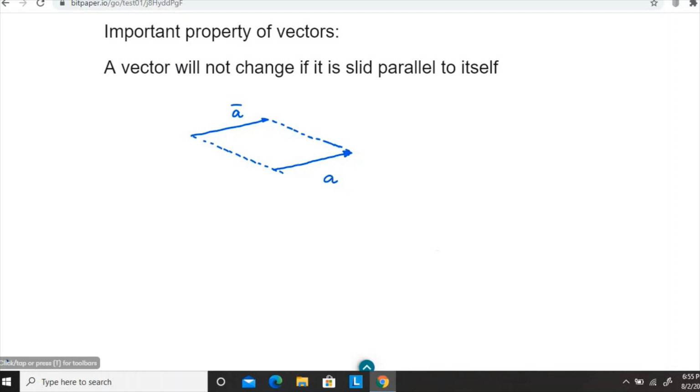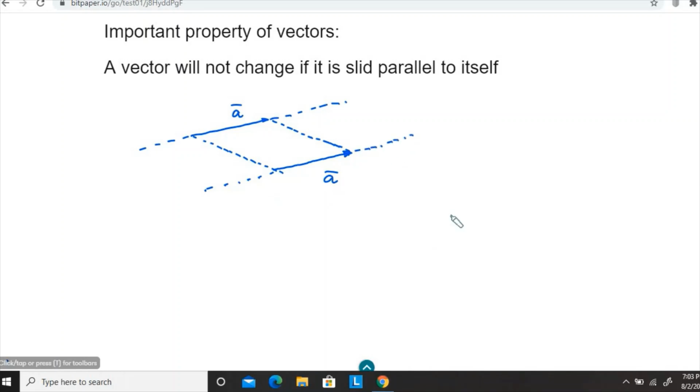That's the same vector A. So I have slid the vector in this direction, and it's the same original vector. Only the line of action has changed. Originally, the line of action for the vector is here, but now the line of action is over here.